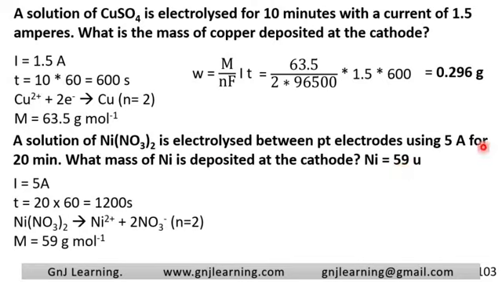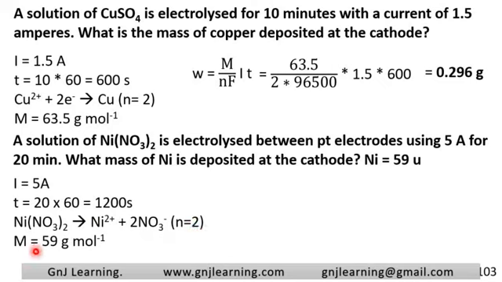So let's see the variables. I is equal to 5 ampere, T, which is provided in minutes, has to be converted into seconds. 20 into 60 is equal to 1200 seconds. Nickel nitrate will give Ni2+ ions and nitrate ions. Ni2+ means for it to get deposited as nickel metal, it has to accept 2 electrons. So N is equal to 2.